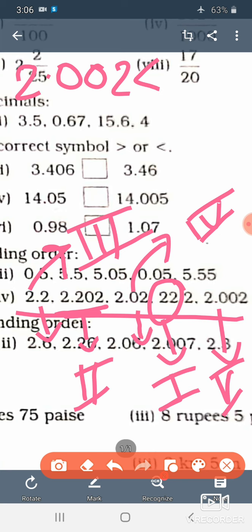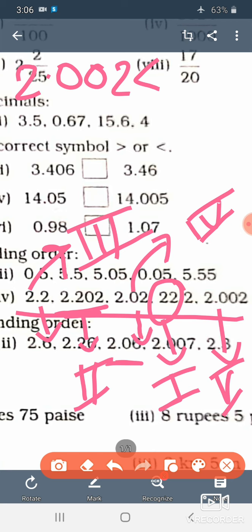It depends upon you whether you write the greater or lesser symbol or not. You can ignore it, you can just put commas. I have written them for my convenience. Next, that is the fourth number. Now we have to write the fourth, which is this one, 2.02.